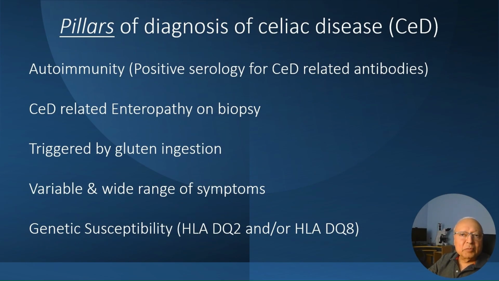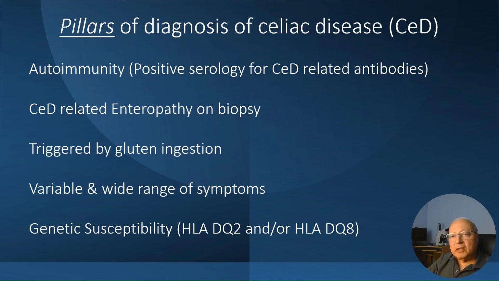What are the fundamental tenets or pillars of celiac diagnosis? Let's understand that. One is that it's an autoimmune disease, so it has positive serology for celiac-related antibodies. Number two, it has some element of enteropathy where the gluten interacts with the duodenum, and so there is a lymphocytic duodenitis on duodenal biopsy.